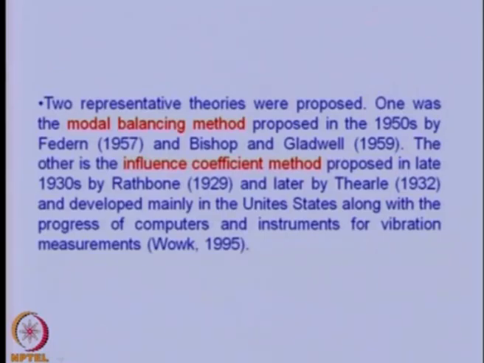The other is the influence coefficient method proposed in the late 1930s by Rathbone and later by Thurley in 1932, developed mainly in the United States along with the progress of computers and instruments for vibration measurements.